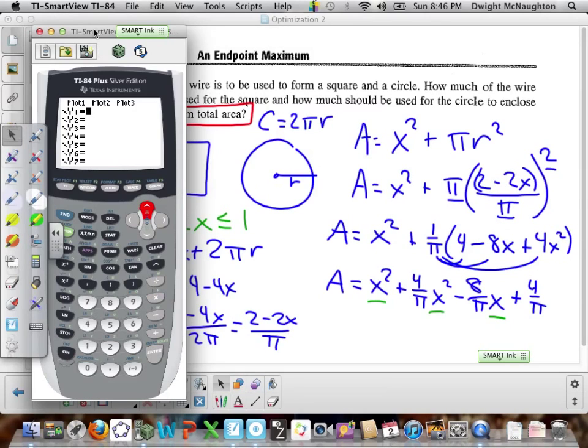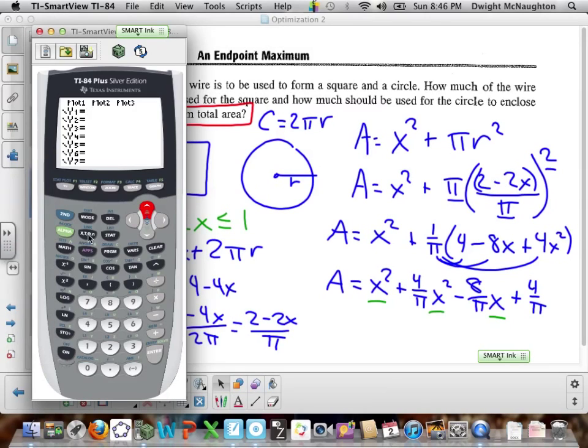So I'm going to type in my area function. X squared plus pi times the quantity 2 minus 2x over pi, squared.